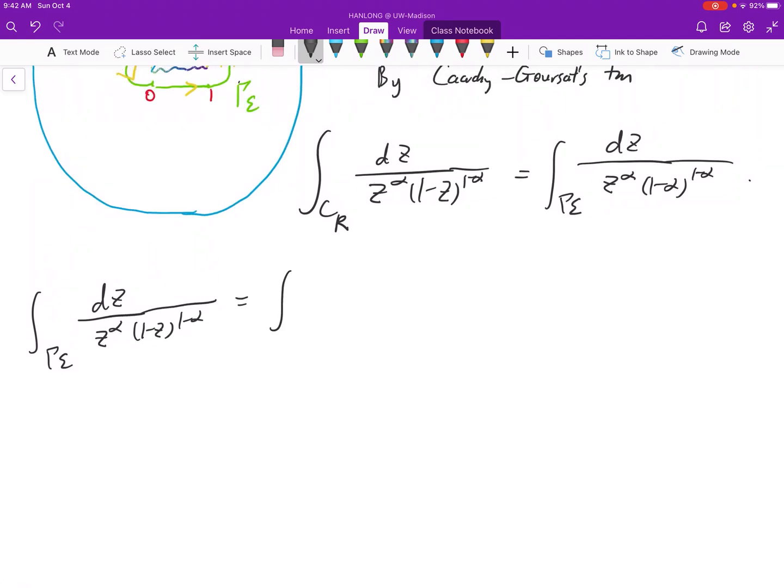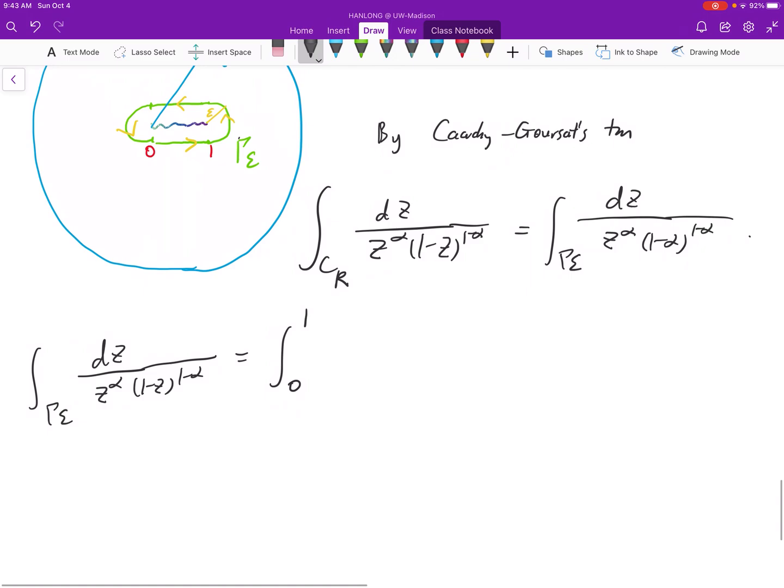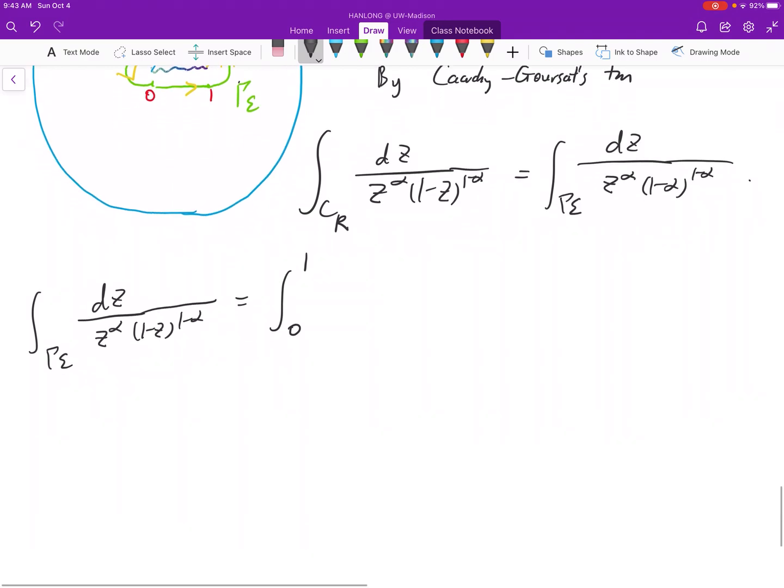So first you have from 0 to 1, so that's a horizontal line below the real axis. You see, just like last time, here x is from 0 to 1, y coordinate is negative epsilon. Therefore, we have this formula.